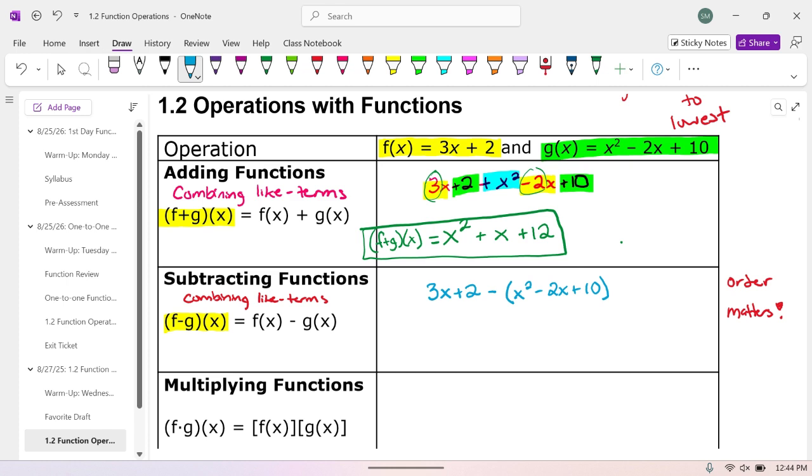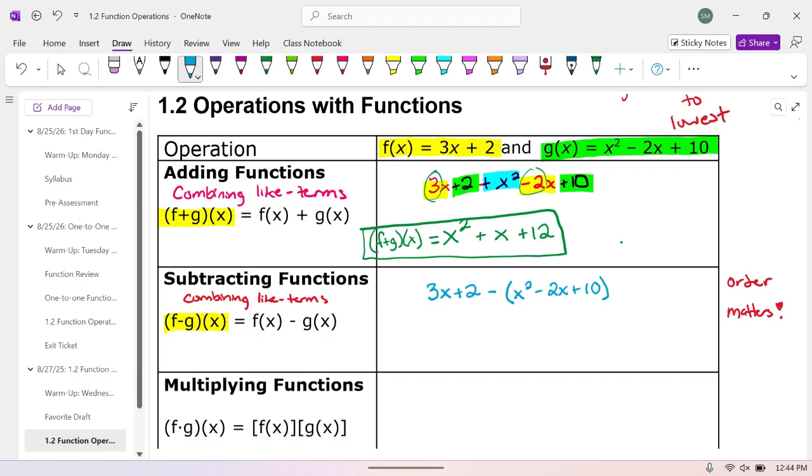What do we typically associate with parentheses with something outside of it? What do we typically do? Right, we would multiply whatever's outside of the parentheses inside, or we would distribute. What's the unspoken number out here? 1. If it has a minus in front of it, it's technically negative 1.